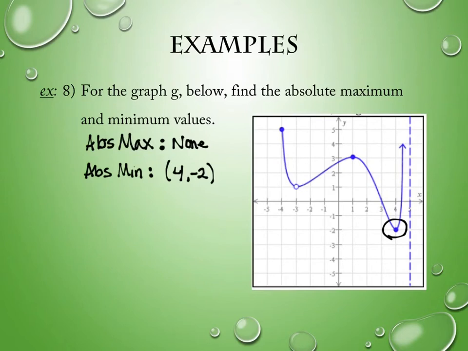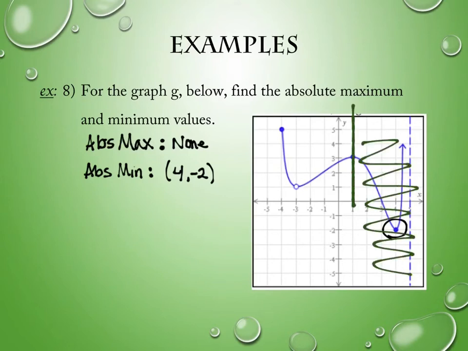I want to show you one other thing, which is why I chose this example. Let's pretend for a moment that the graph stopped here. None of this was here. Just pretend for a minute. I'd have an absolute maximum, the one that we had said before, right? It would be there. This point right here would be the lowest point. But there's a problem. What's the problem?